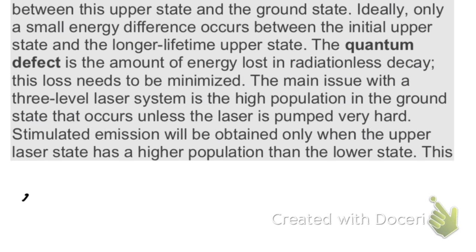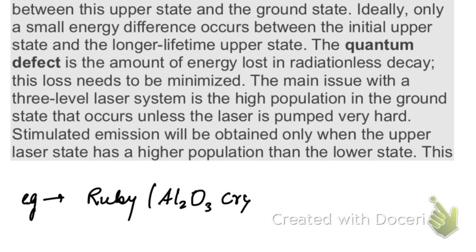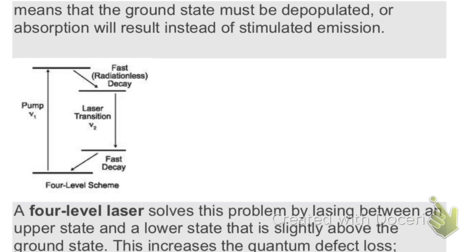An example of a 3-level laser is the ruby laser, that is Al2O3 crystals. Now let's go to the 4-level laser here.